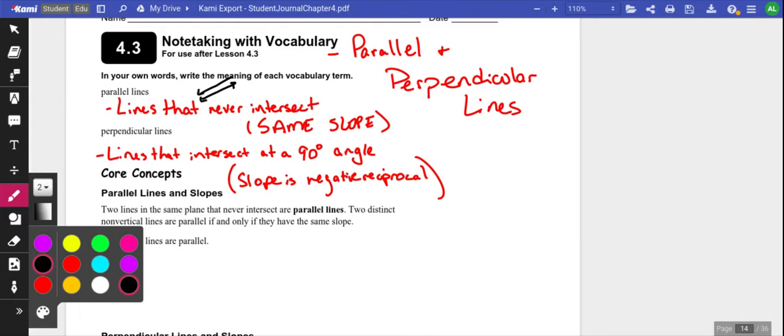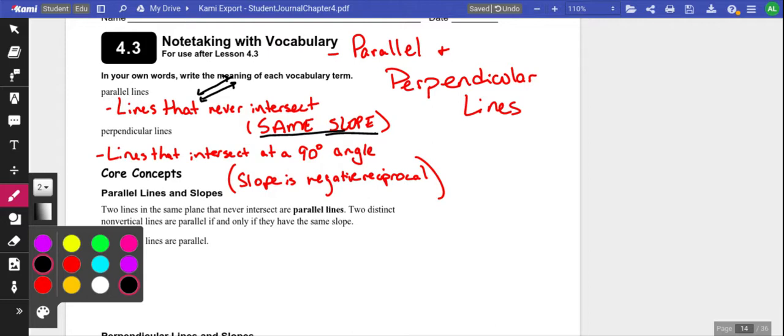And obviously, this is not a perfect picture, but two lines that are never going to intersect. So they're at the exact same angle. Okay, parallel lines are always going to have the same slope because they have the same angle. If they're never going to intersect, they have to be at the exact same rate of change.